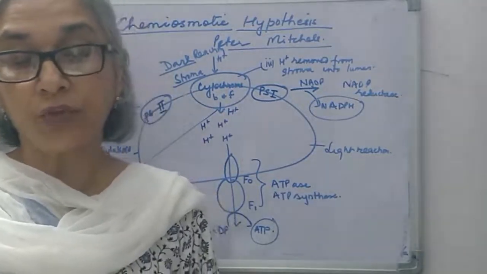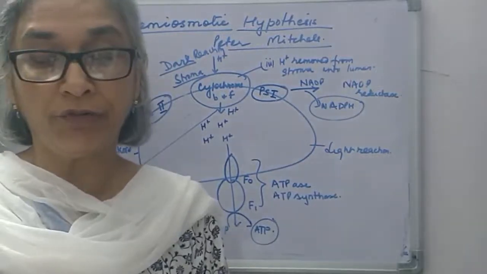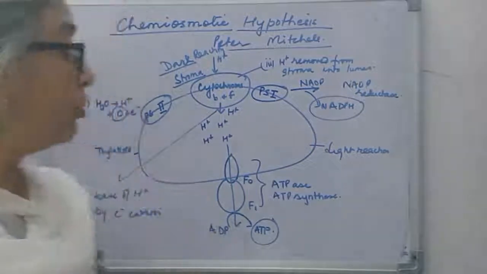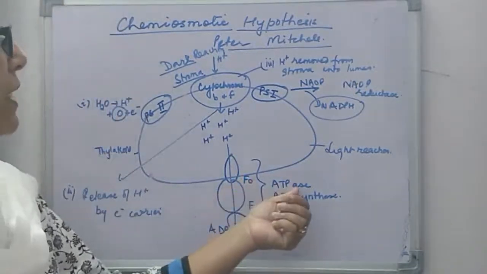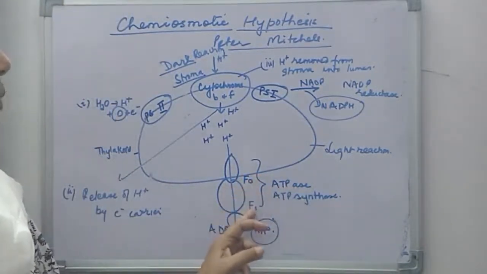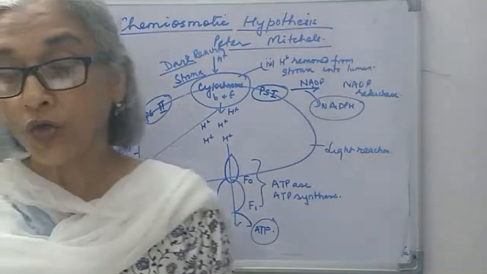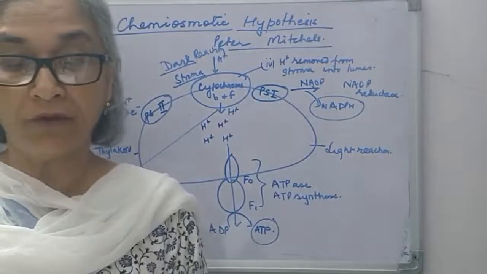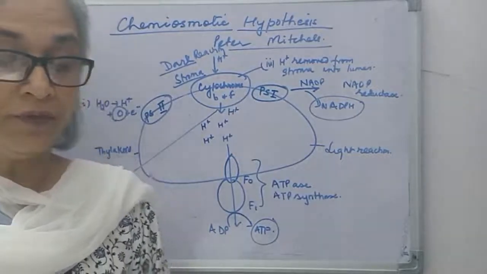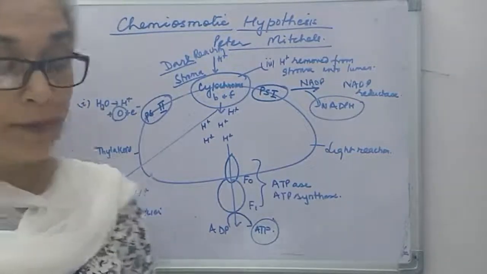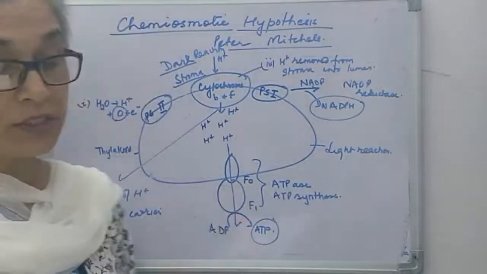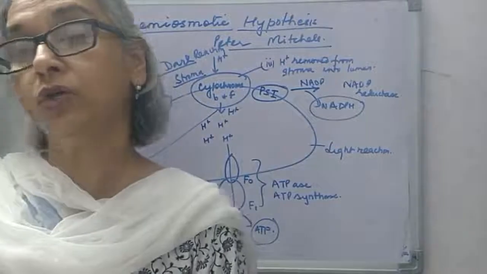This gradient gets broken down due to the movement of protons across the membrane through the transmembrane channel of F0 of this enzyme. This enzyme is made up of two parts, F0 and F1. So F0 is embedded in the membrane and forms a transmembrane channel that carries protons across the membrane, and F1 protrudes on the outer surface into the stroma.